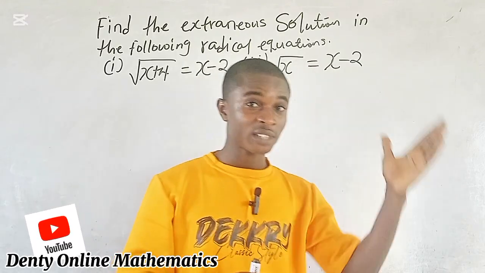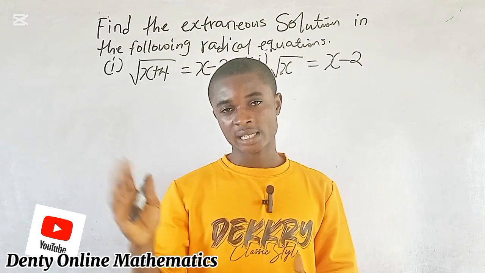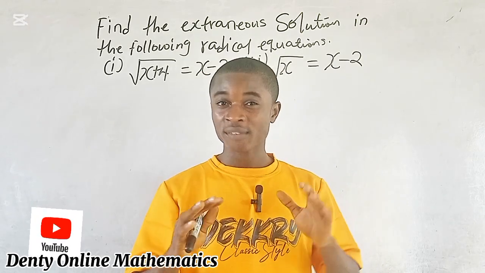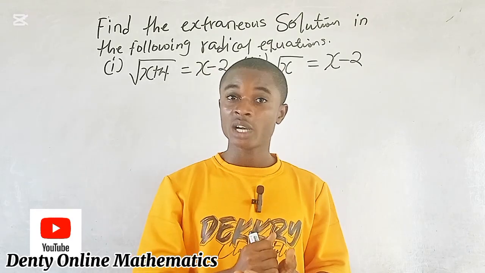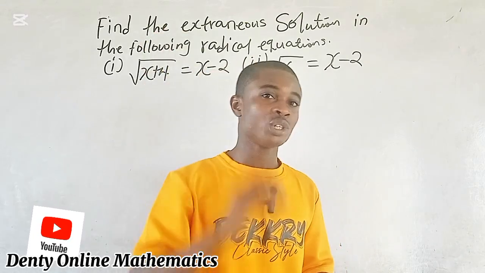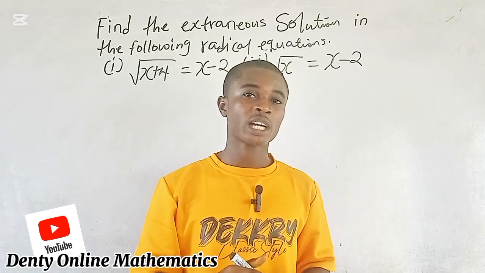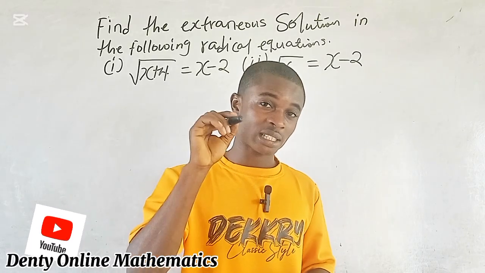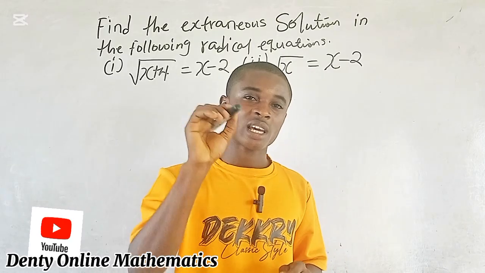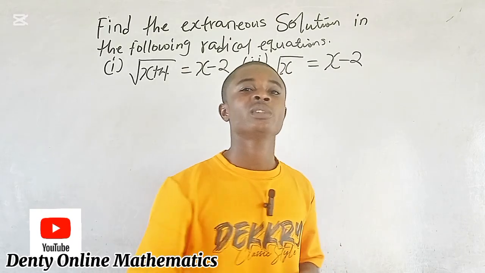That means your left hand side will not be equal to your right hand side. In other words, the equation is not balanced. You have a value, but when you substitute it back into the equation, it will not give you the actual answer. That value that did not give you the actual answer is known as the extraneous value.